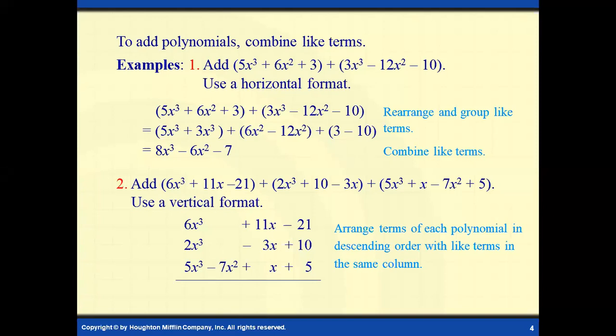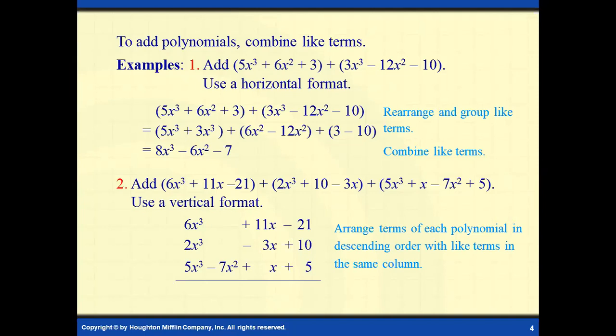So we need to identify the ones with cube: 6x cubed plus 2x cubed plus 5x cubed. No other one with cube again. And so we move to the one with square. It's only minus 7x squared.